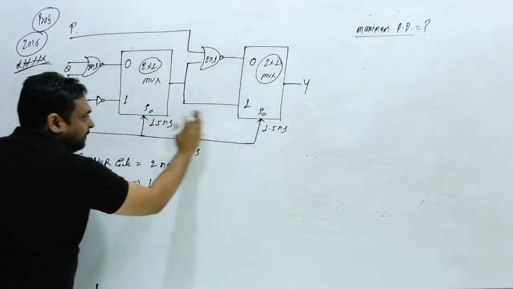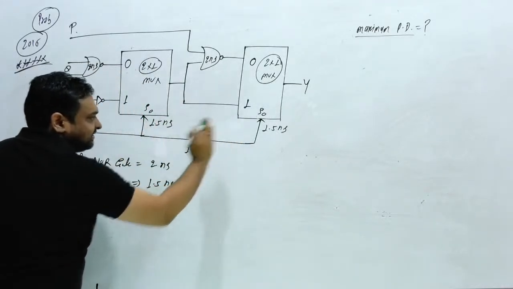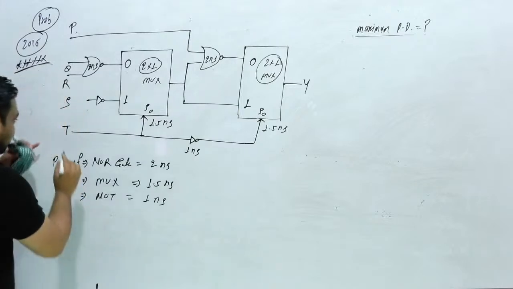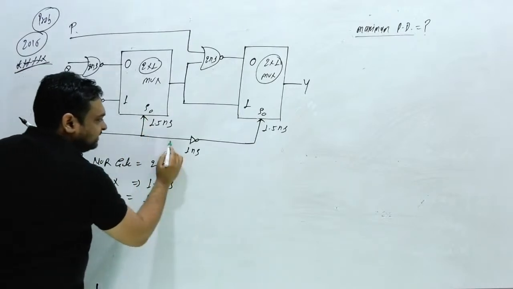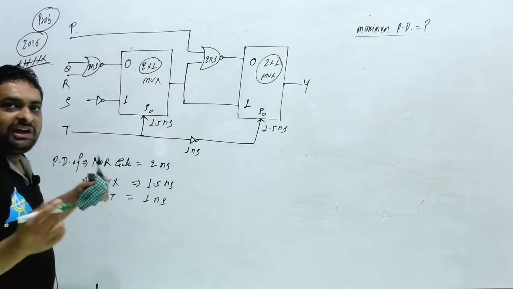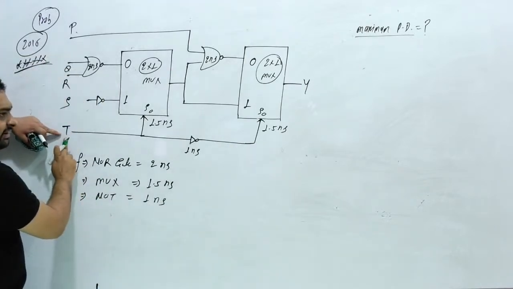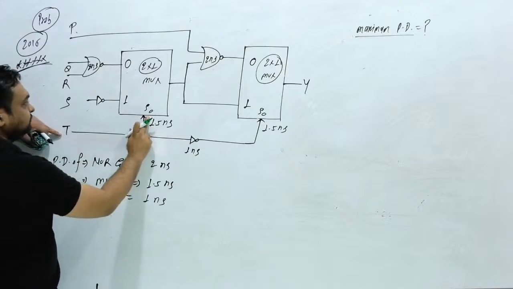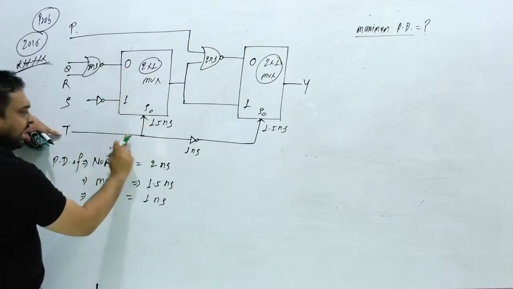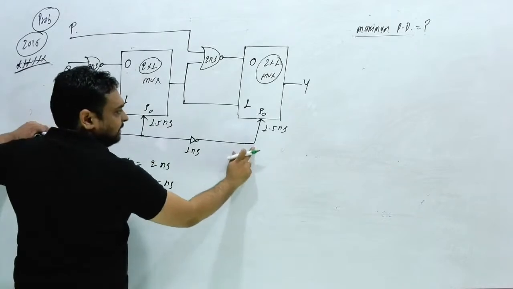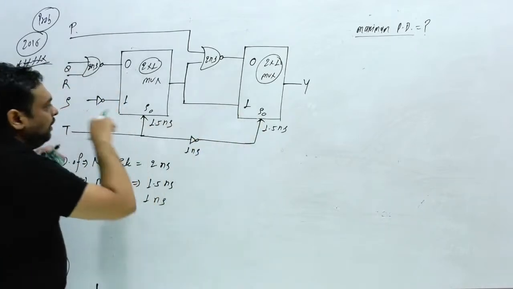So here two multiplexers are given. Now you can see this is connected with T and this is connected with T bar, and T can be anything. If T is 0, this will be selected, and if this is 0, this will be 1, and if this will be 1, this will be selected.